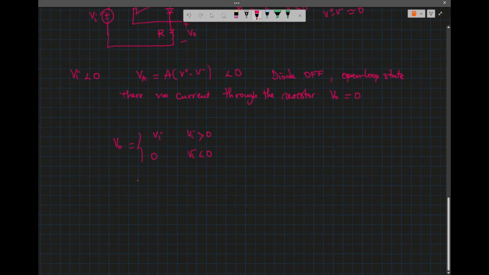Now we can sketch the transfer characteristic. So we have VI here, and V0 here, and the slope is 1.